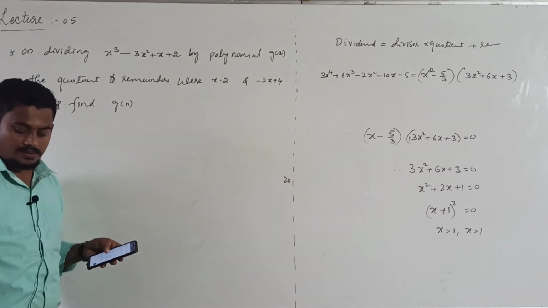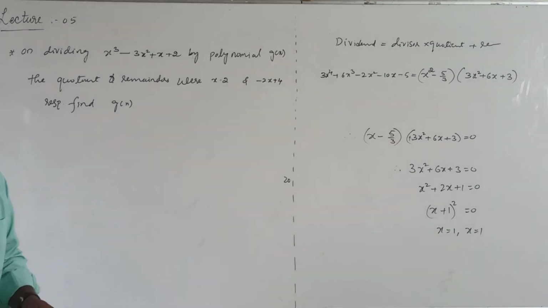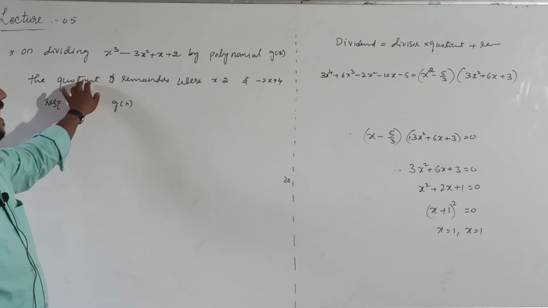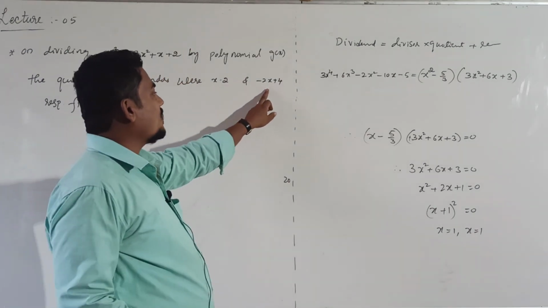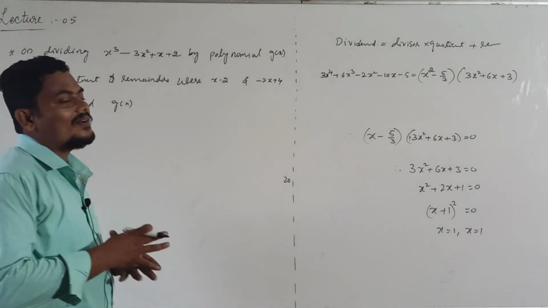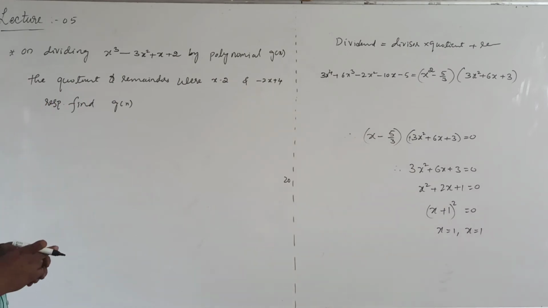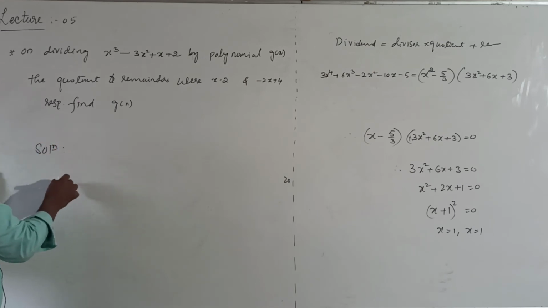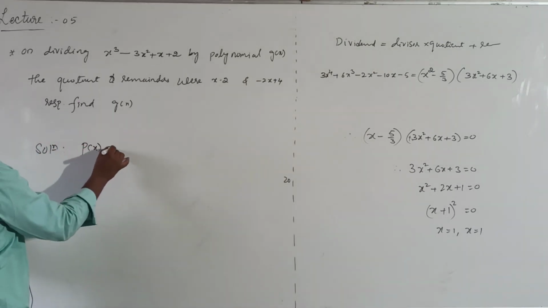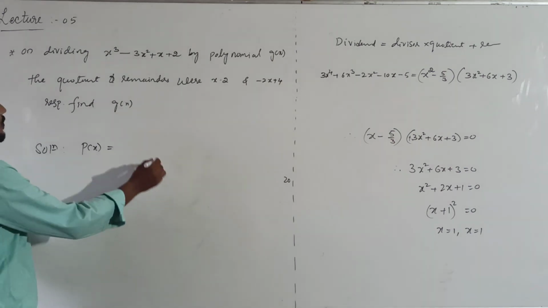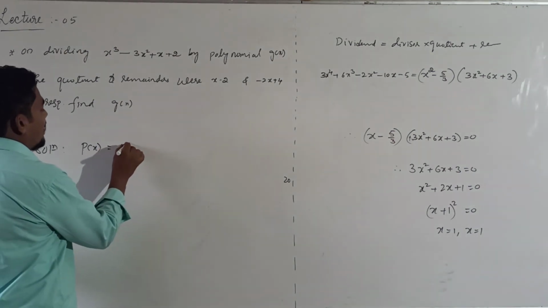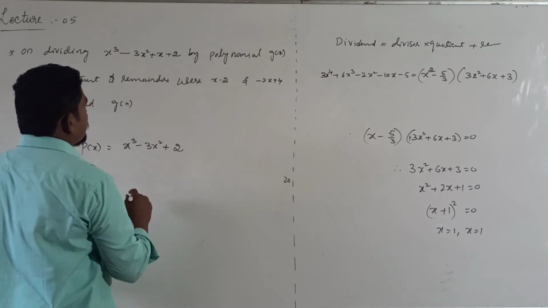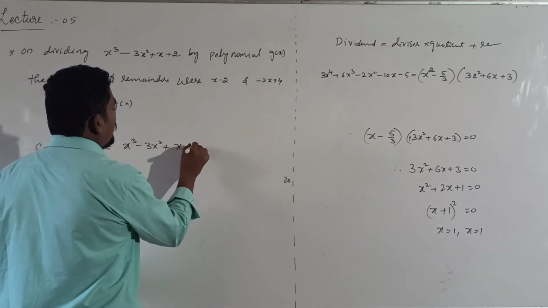See students, on dividing this polynomial by g of x, you get quotient as x minus 2 and remainder as minus 2x plus 4. Then find g of x. Take the given polynomial as p of x. Then p of x equals x cube minus 3x square plus x plus 2.